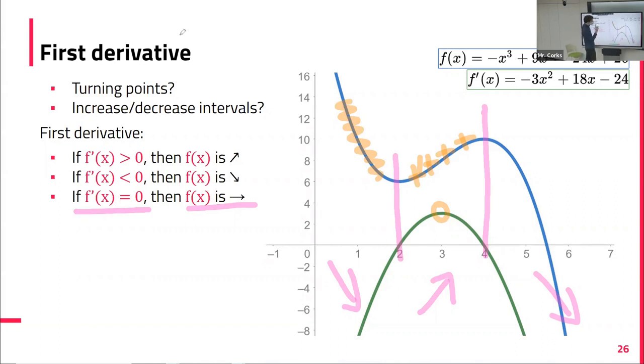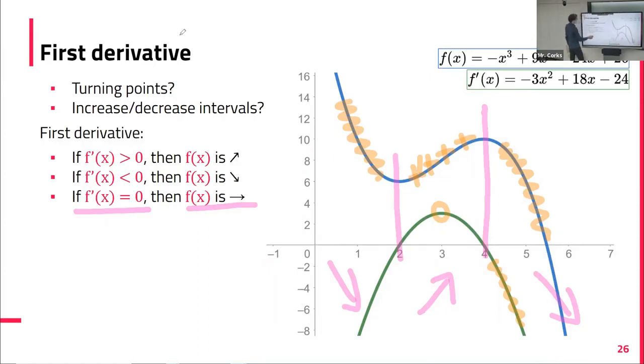The increasing thing is not a consistent relationship, because over here the original function is also decreasing, but here all the slopes are negative. So the connection is that the y values of the first derivative are negative on those two outside intervals.